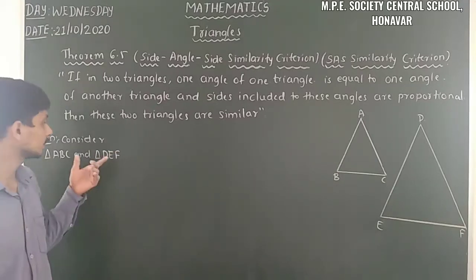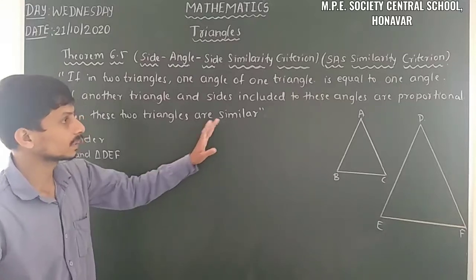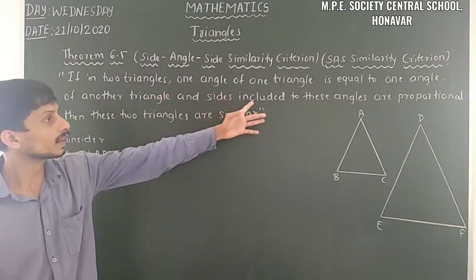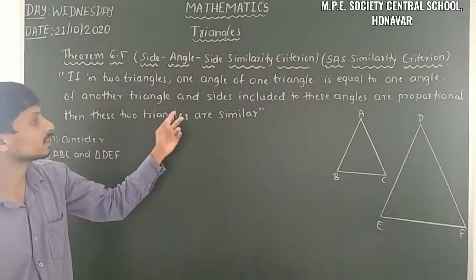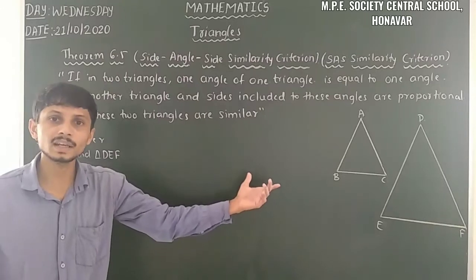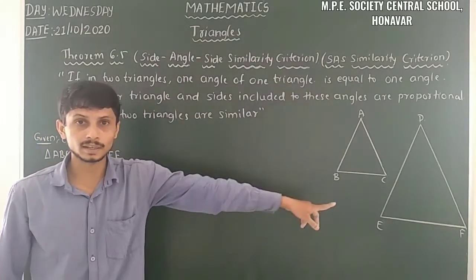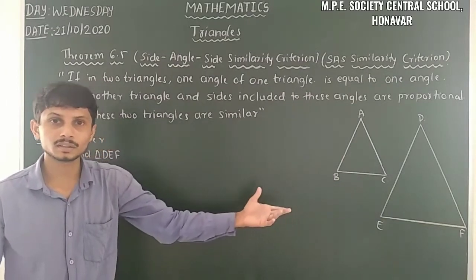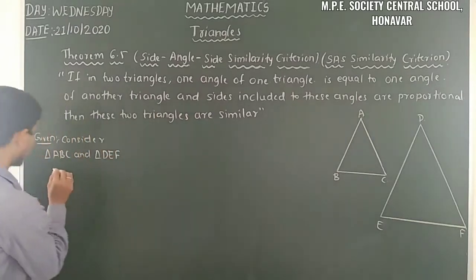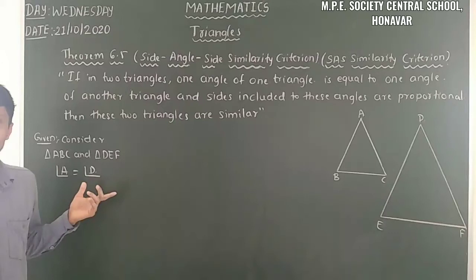One angle of one triangle is equal to one angle of another triangle. So we have to take any angle of these two triangles as equal. Consider angle A and angle D. Those two are equal, so angle A is equal to angle D. This is the given.